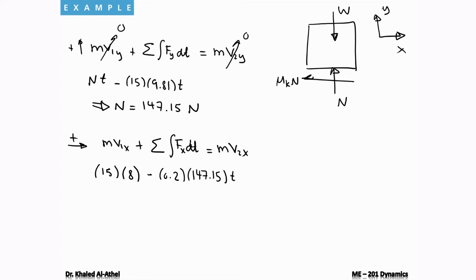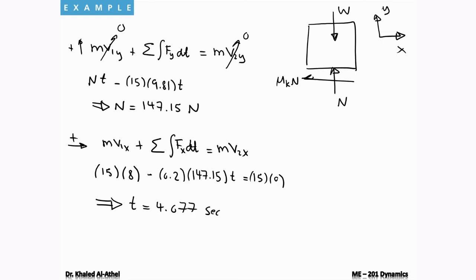So this is the only impulsive force that I have. This should equal the mass, 15, multiplied by the final velocity. Since the problem asks how long it will move until it stops, the final velocity is 0. From here you can solve for the time, and it becomes 4.077 seconds.